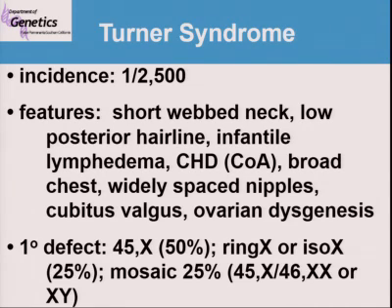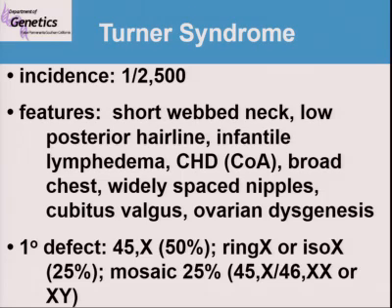Now, it's not that difficult to diagnose Turner syndrome based on clinical findings. So why do we even bother with the karyotype? Well, two reasons. Number one, we have to convince the parents that's the diagnosis. And number two, we want to look for mosaicism, because maybe 10 or 15% of these girls will be mosaic and have some Y-bearing material.